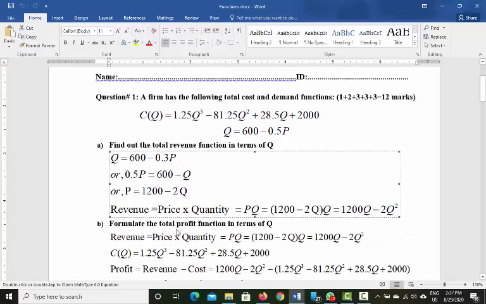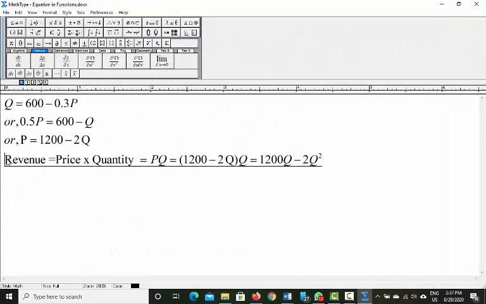So we want to find out the revenue function. Revenue means what? Income.